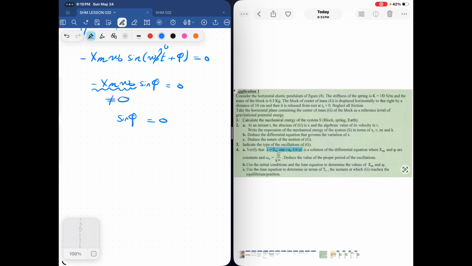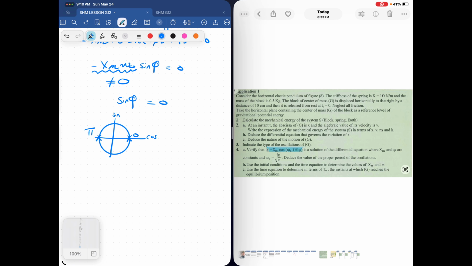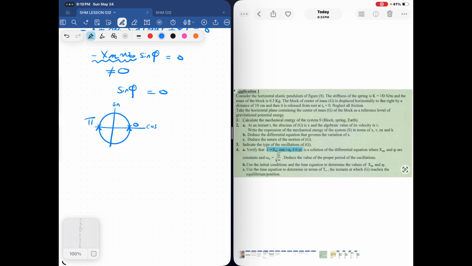Now when is sine phi equal to 0? Sine phi is equal to 0 when we are at angle 0 or pi, because you know that this is for the sine axis and the cosine axis. Then phi is either equal to 0 or phi is equal to pi.